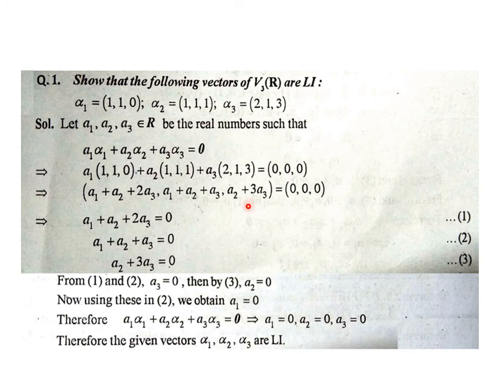If we equate the respective positions of all parts of the triplets, we get 3 equations, and by solving these 3 equations we obtain the values of a1, a2 and a3 as 0, 0, 0. And if the linear combination is 0 only when all scalars are also 0, that means the vectors we were discussing must be linearly independent. So that is proved, alpha 1, alpha 2, alpha 3 are linearly independent vectors.